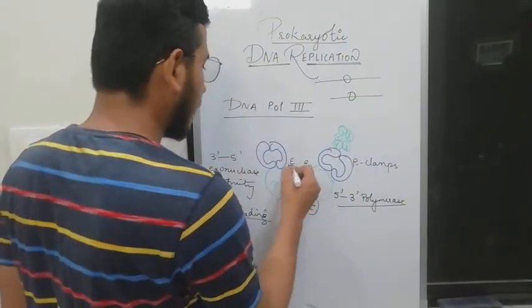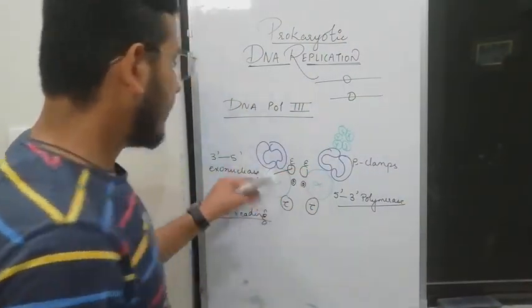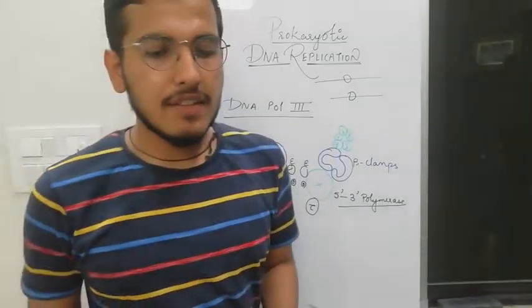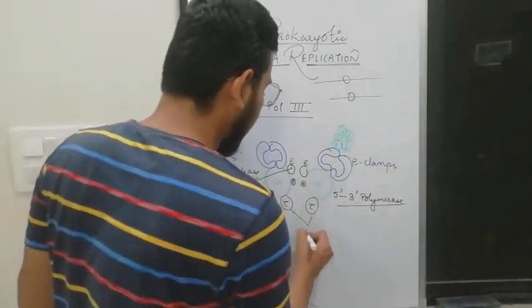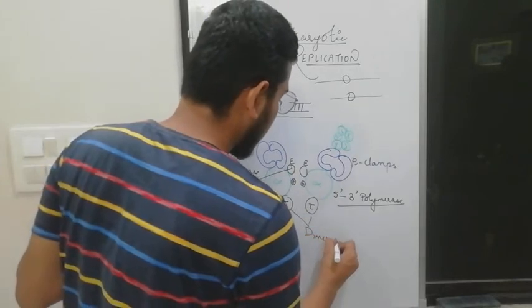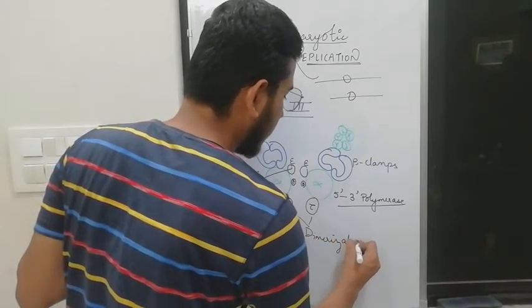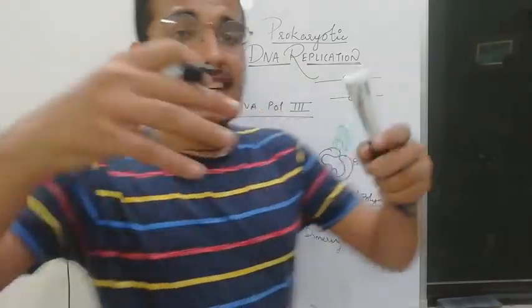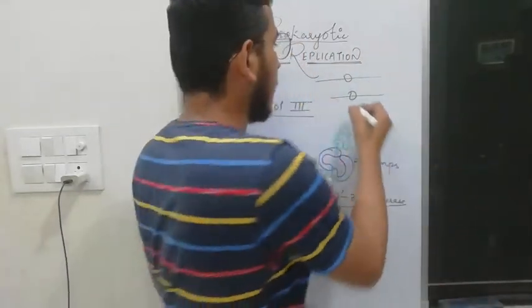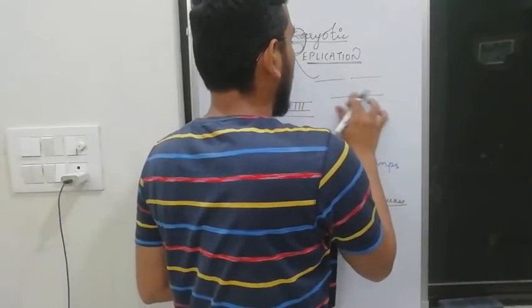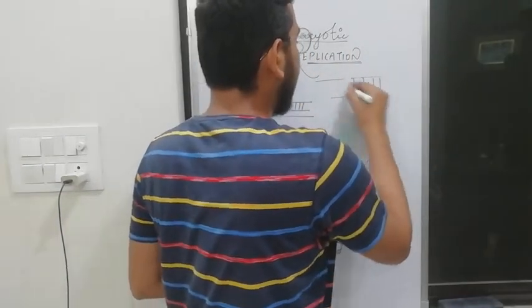The function of tau is dimerization, and it gets joined with the helicase enzyme which will unwind the DNA.